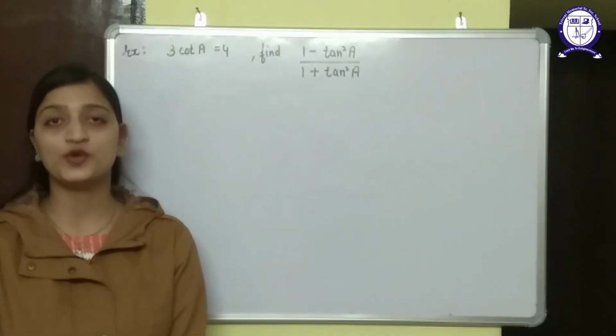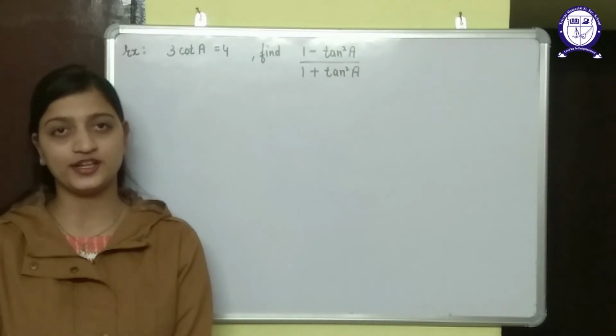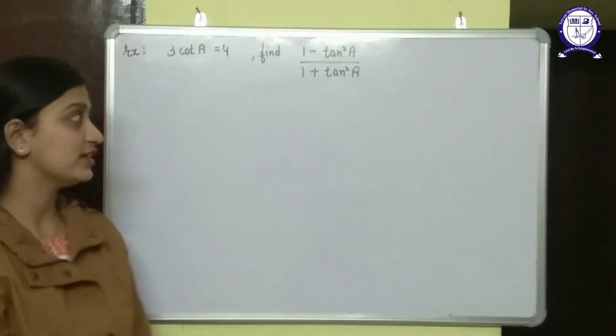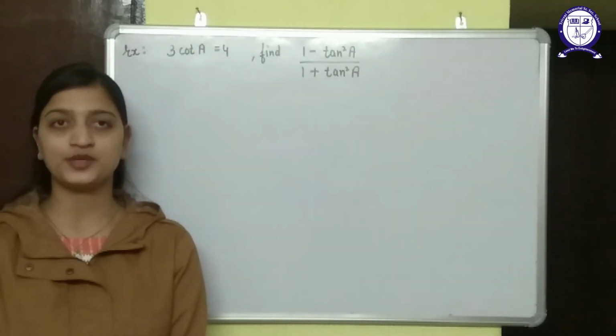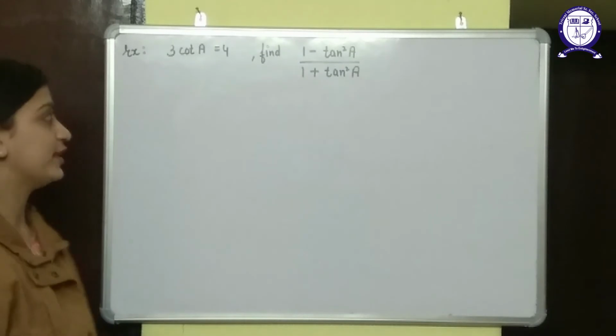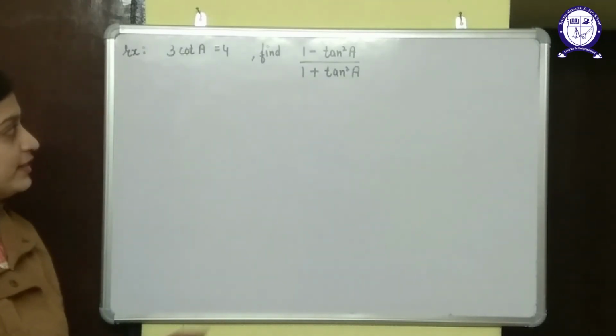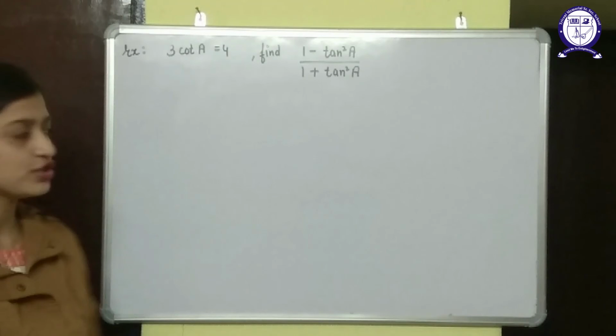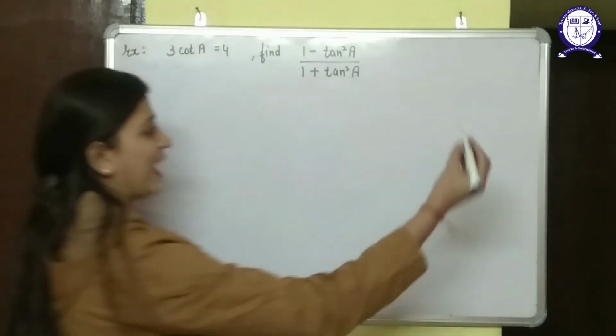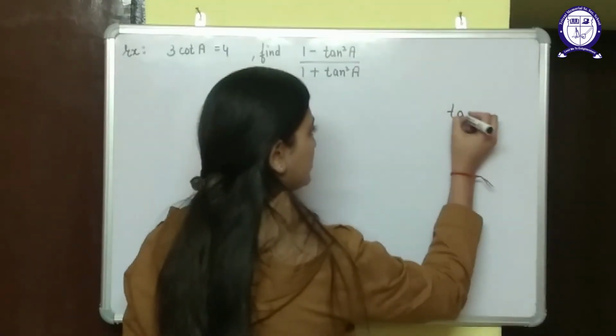Now let's do one more example of trigonometric ratios. Now this is a little complicated one as compared to the previous one. Let's see what is given. 3 cot A is equal to 4. Find the value of this expression. Now first of all, what is this tan square A?